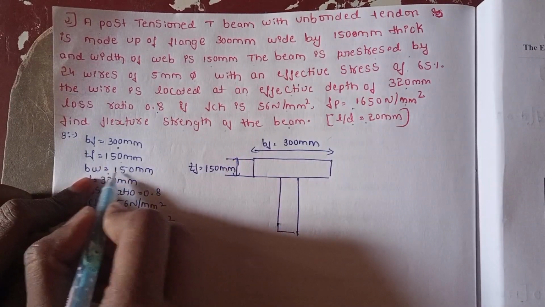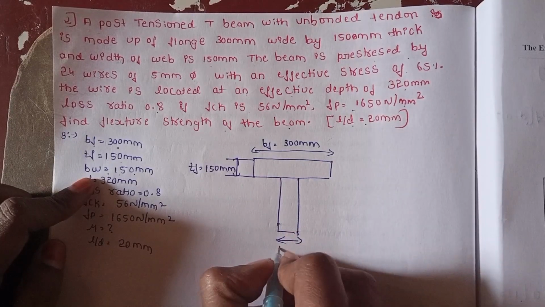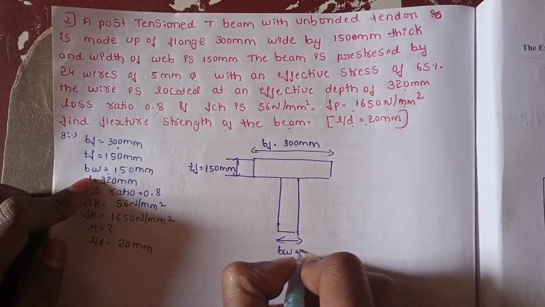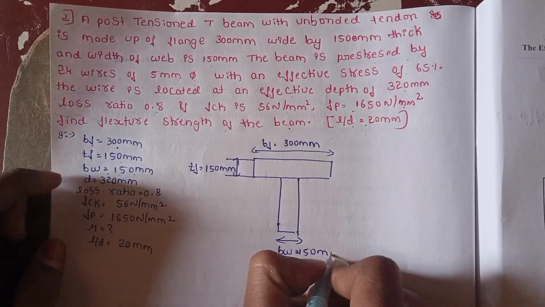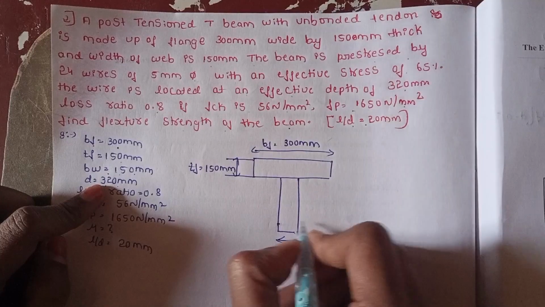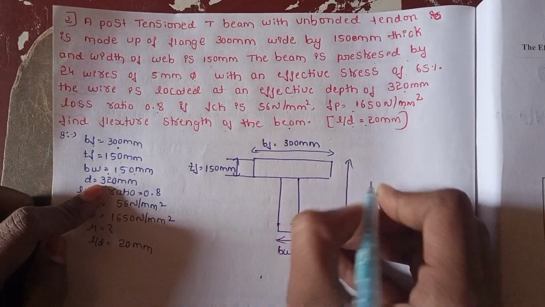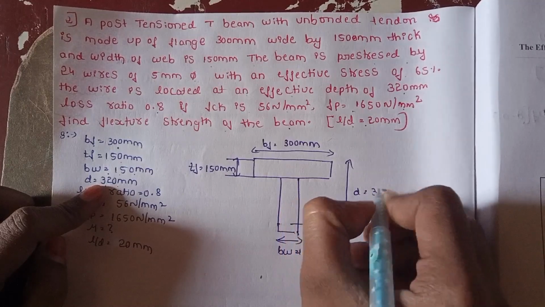Then BW equal to 150 mm means width of the web equal to 150 mm. Next, D equal to 320 mm means effective depth.